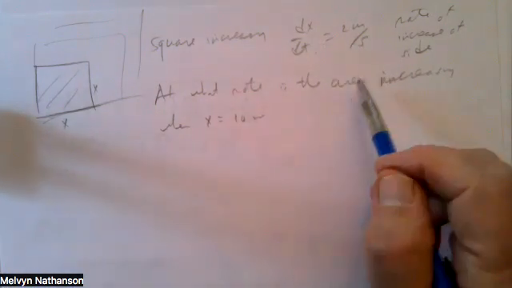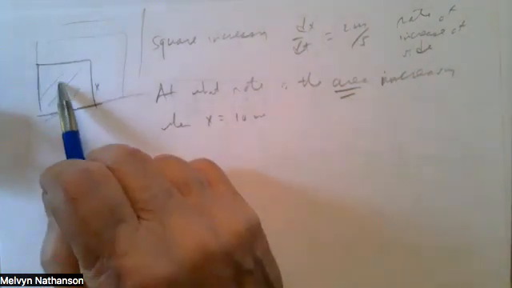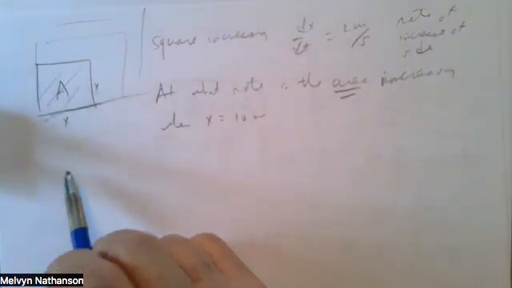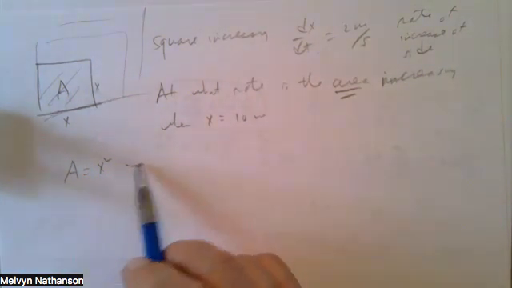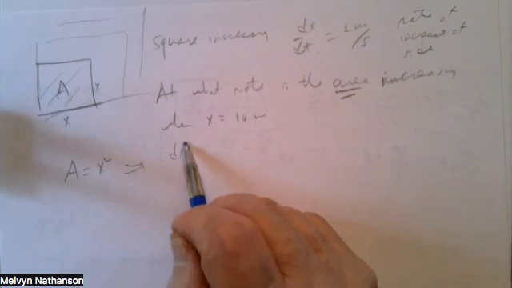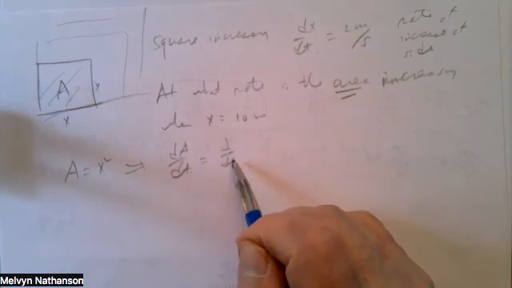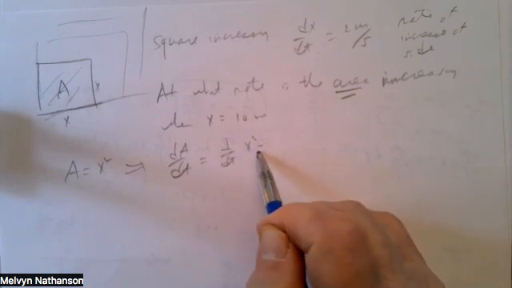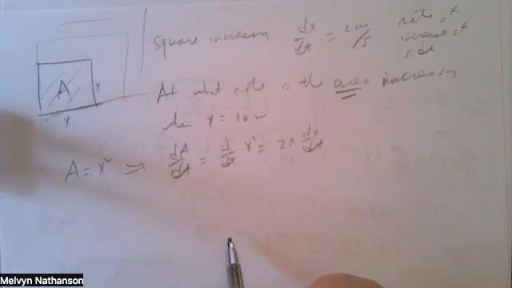So we have to find a relationship between the area and the side. So let's say the area is A and the side is X. Well, we know area is X squared. And these are both increasing as functions of t. So dA/dt is the derivative with respect to t of x squared, which is 2x dx/dt.